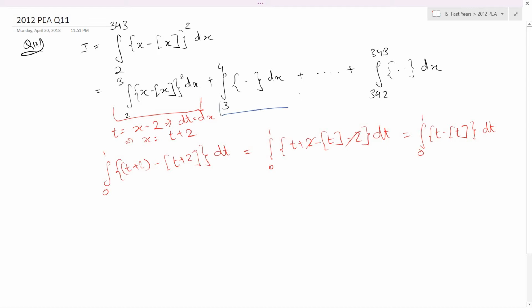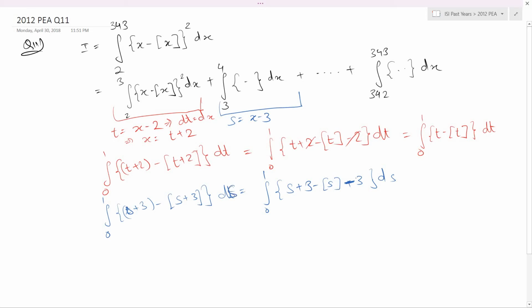Now let's come to the second part. In the second part you can make a substitution s is equal to x minus 3. Then the integral becomes the integral from 0 to 1 of s plus 3 minus greatest integer function of s plus 3, ds.